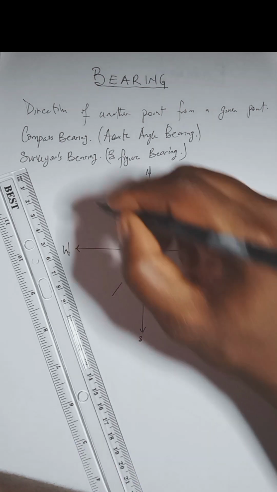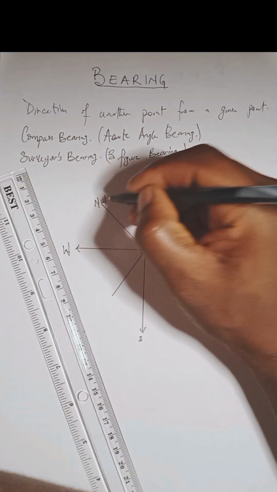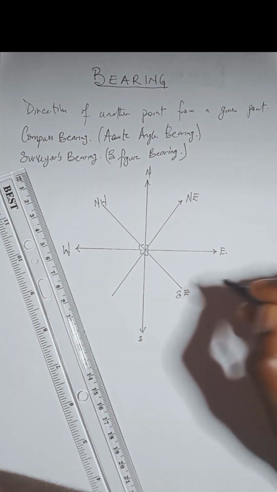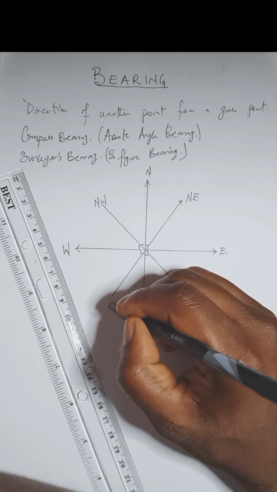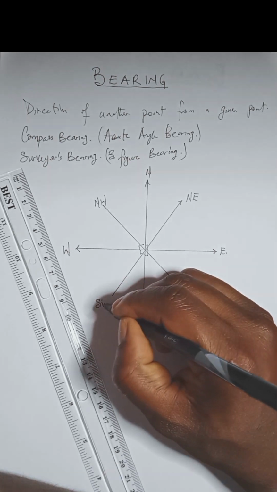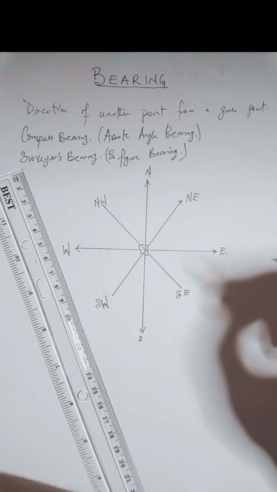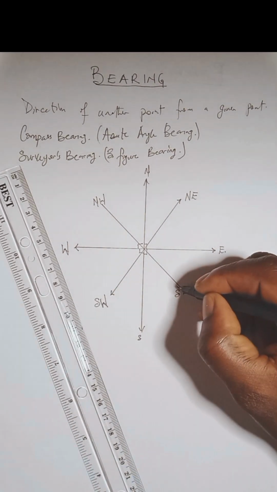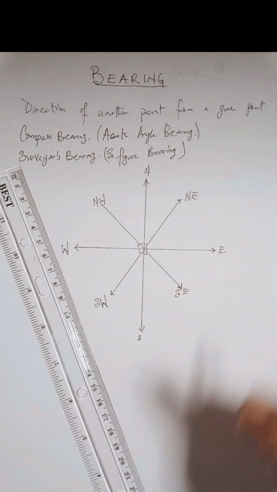Between the north and the west we have the northwest. Between the south and the east I have southeast. And between the south and the west we have southwest.